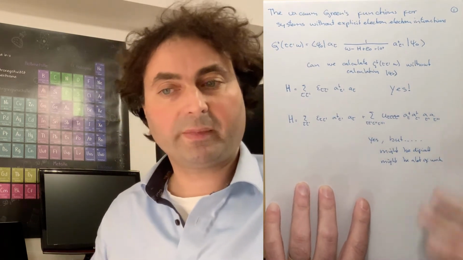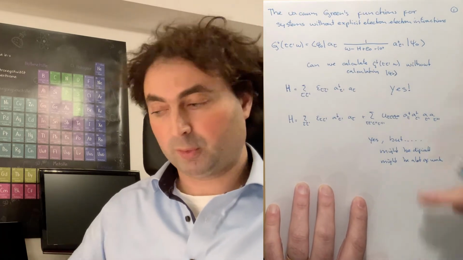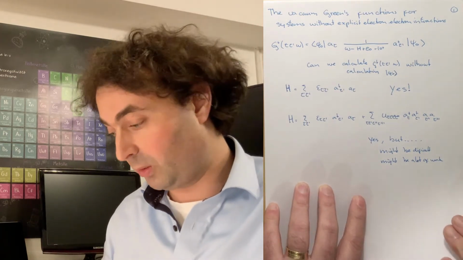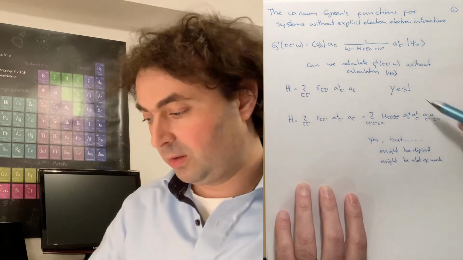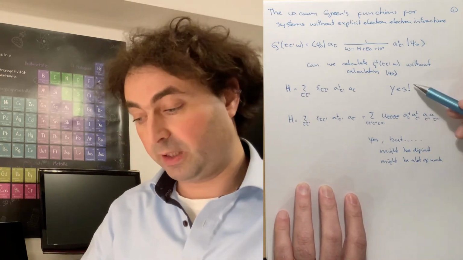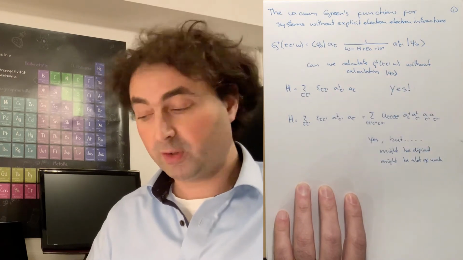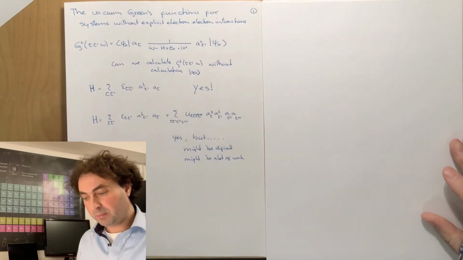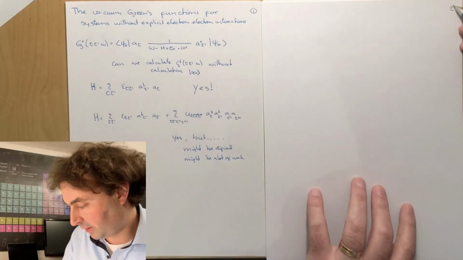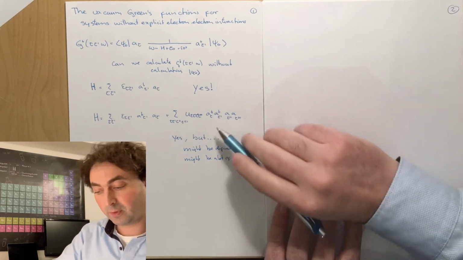But there are systematic ways that you can start and improve and make things more and more accurate as you go on. So during this semester we'll have a look only at the mean field approximated case, and then next semester we'll also discuss the interacting case.